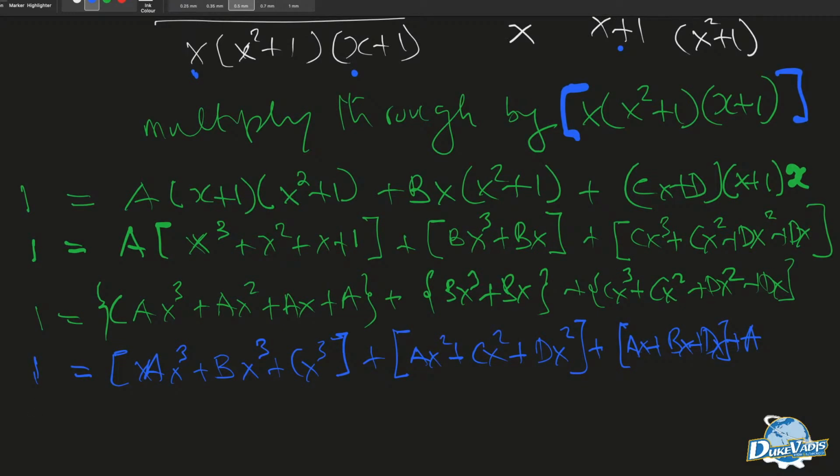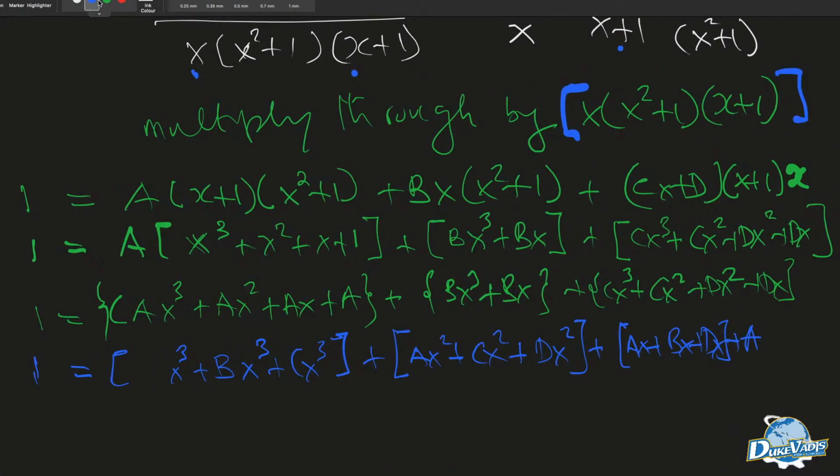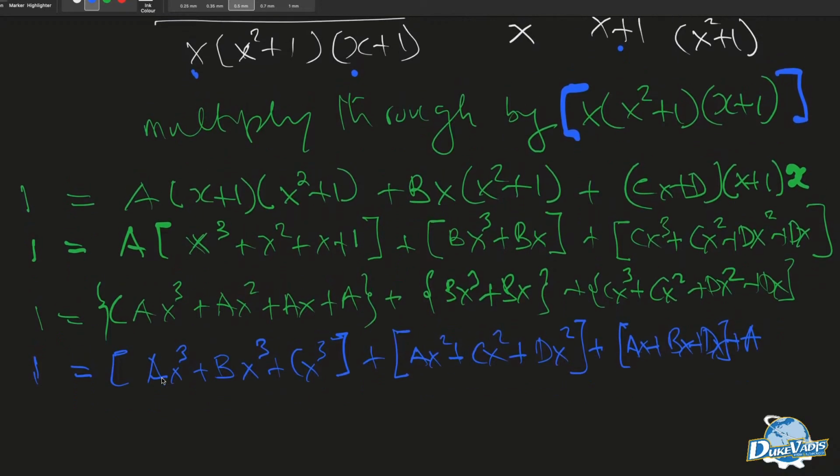So if you look at it very well, all we have to do is to take good care of our multiplications. So this is ax cubed. Now let's separate. When we separate them, the first one, we're going to get a plus b plus c equals 0.